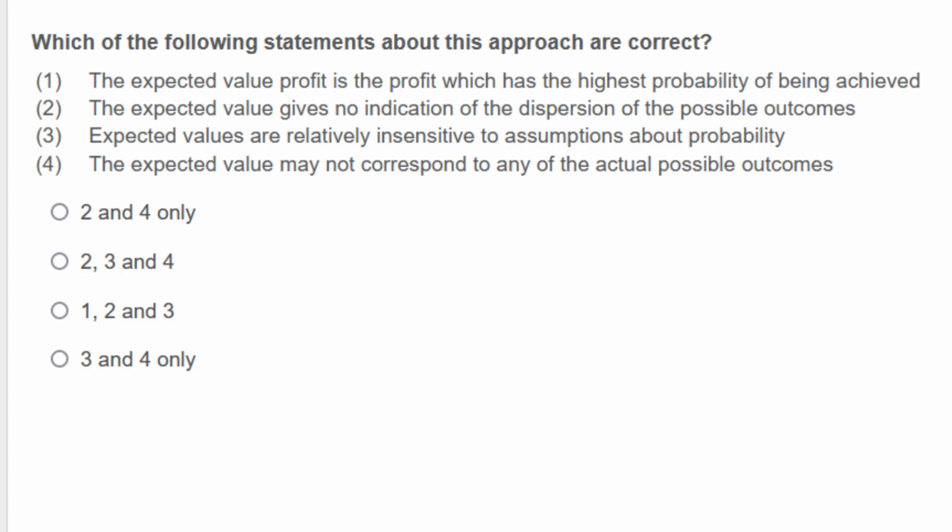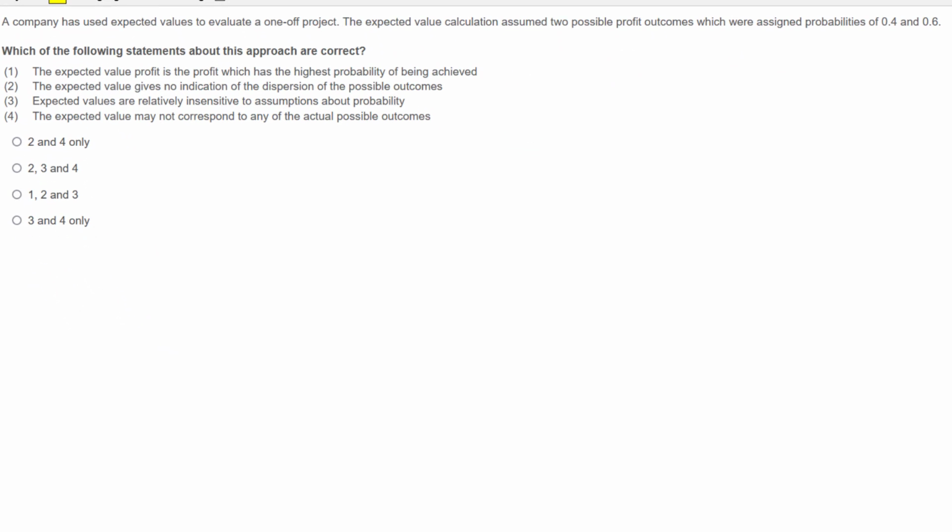So that helps. So I'm definitely going to find one or maybe two that I need to eliminate. Let's now read the story. And we're talking about expected values to evaluate a one-off, a one-time project. And the expected value was calculated with two profits with two probabilities of 40 and 60% respectively.